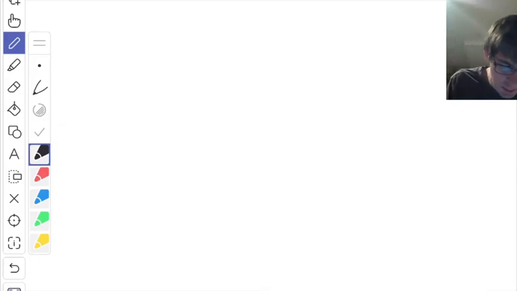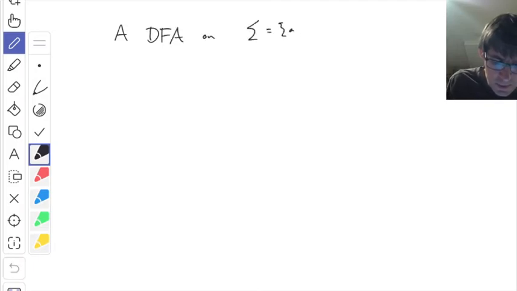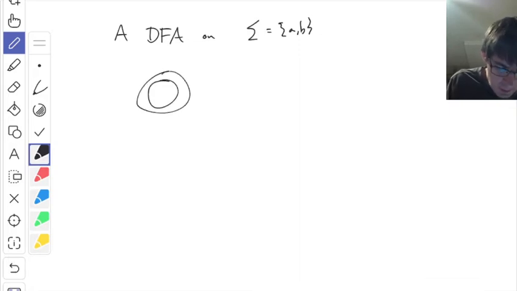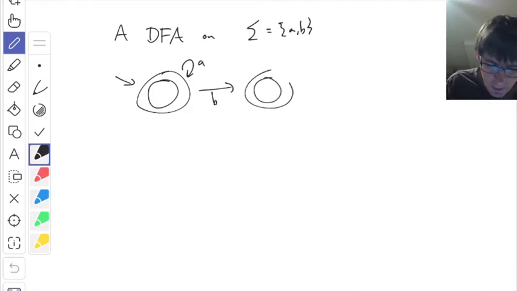So here's an example. Here's a DFA on this alphabet, my favorite, the two-letter alphabet. This is another type of problem that we are going to have to get used to.